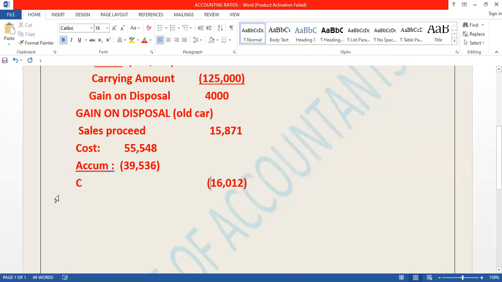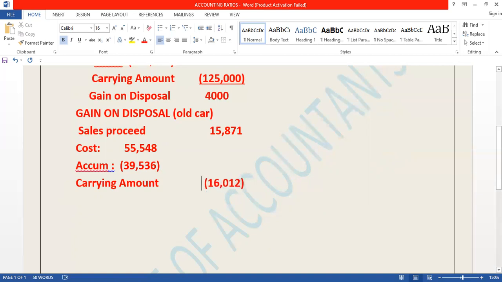That should be the value of the asset as at when you are disposing it. So this is the amount you're supposed to sell the asset for.